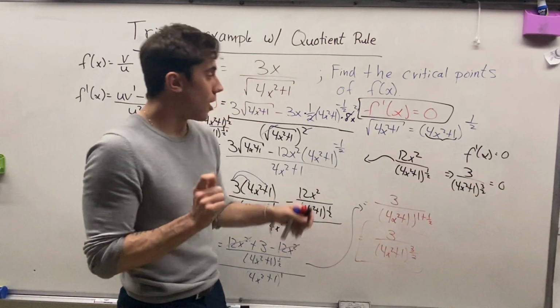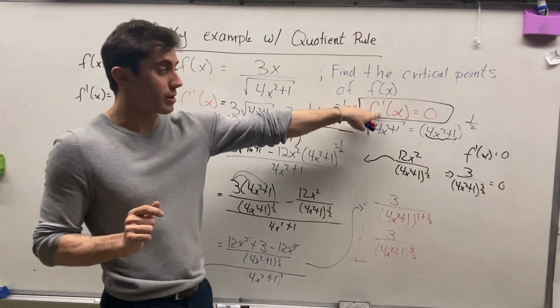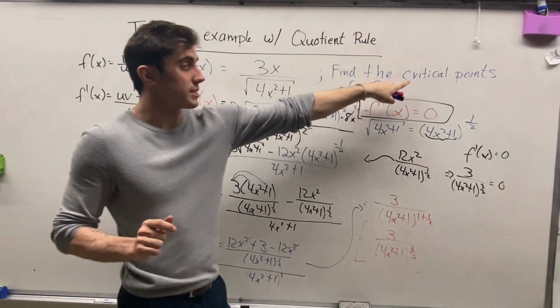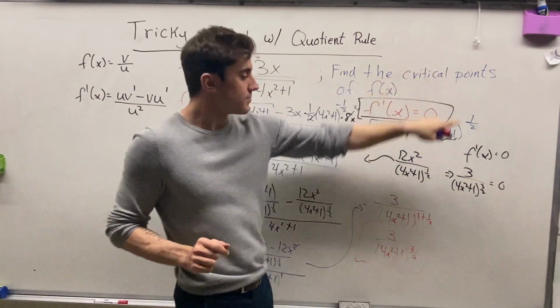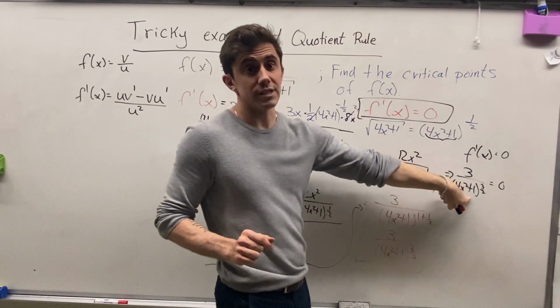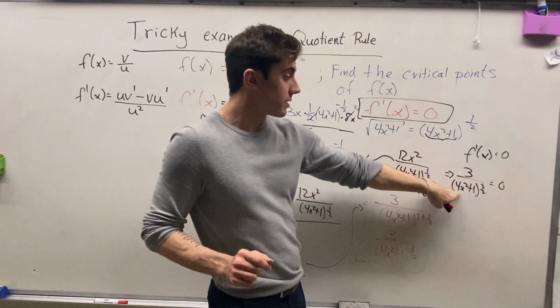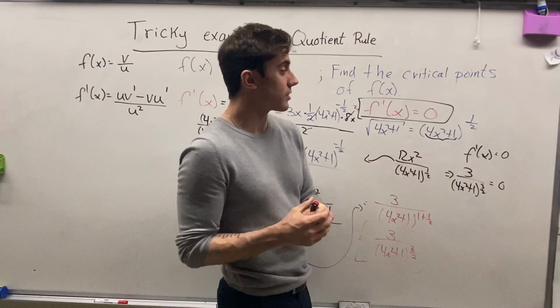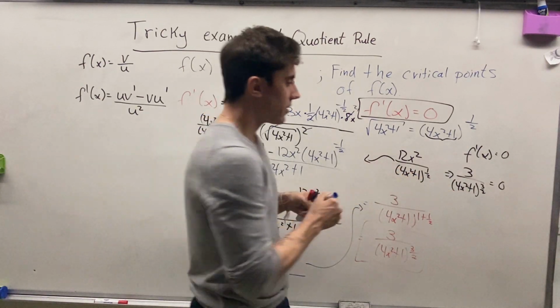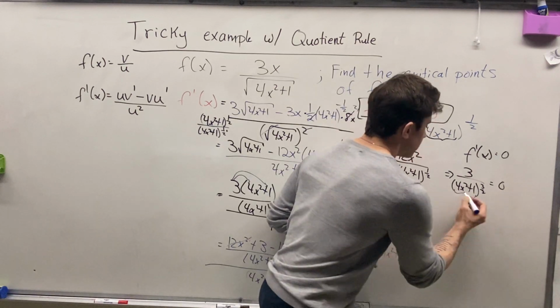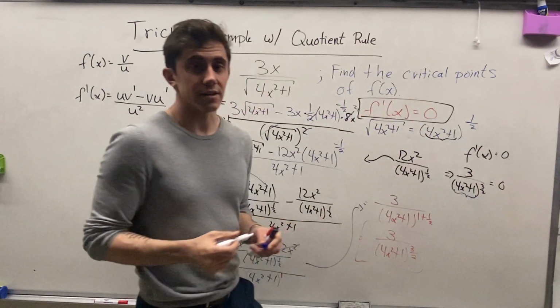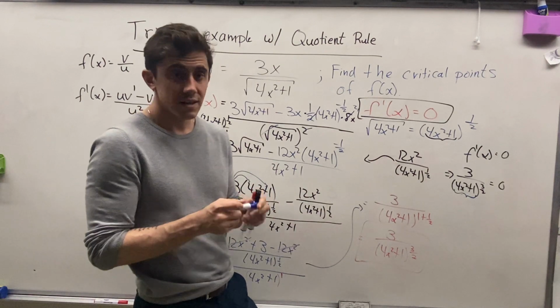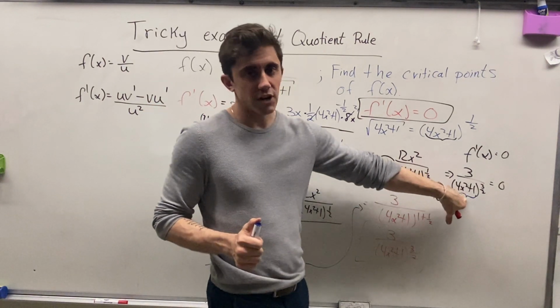Now, the other option we might be able to find for a critical point of f of x is a point of discontinuity, which would mean the denominator here would be equal to 0, and so our f prime of x function would be undefined. However, if we take a second to inspect our denominator, 4x squared plus 1, there's no way this is ever going to be equal to 0.